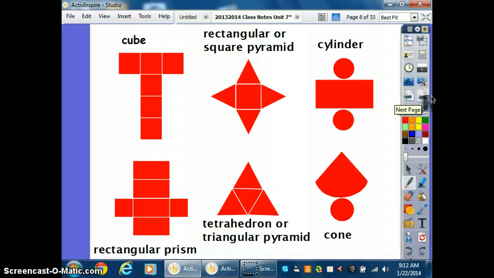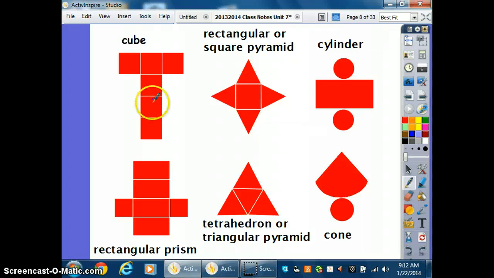And the last page, I guess I just want you to look at it, is if you can find this in your notebook, it's back a few pages. Today you'll have to draw a couple nets or identify nets. These are nets. A net is a flat diagram that I can fold up and make a three-dimensional shape.